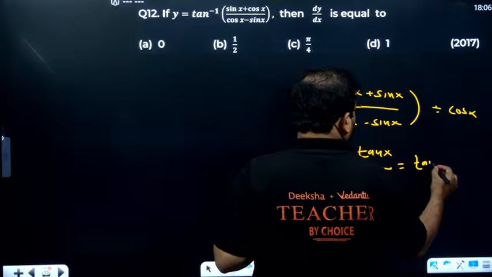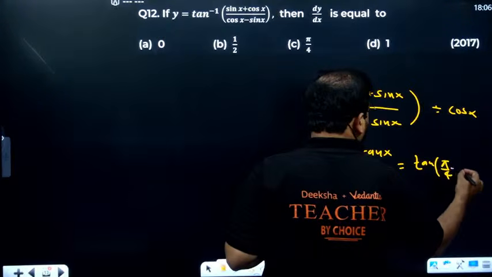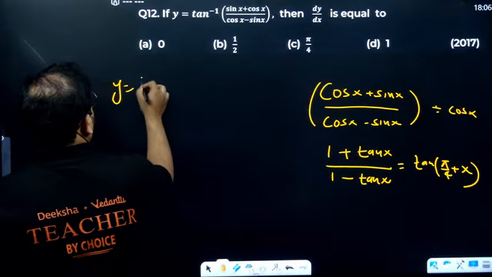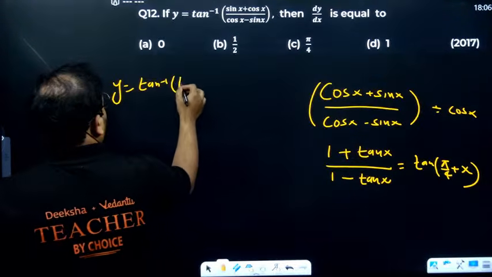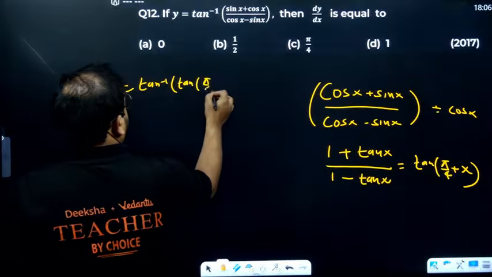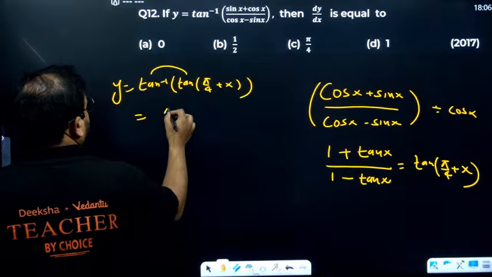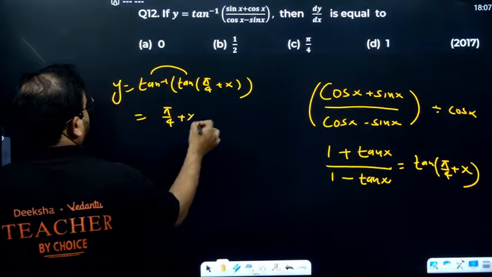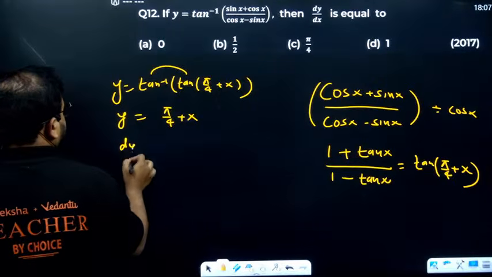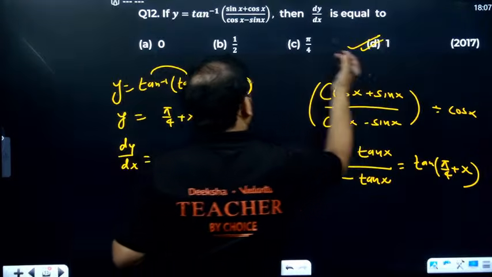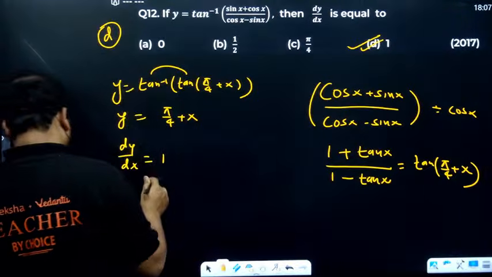This becomes tan of pi by 4 plus x. So y equals tan inverse of tan of pi by 4 plus x. Differentiate, guys. The answer is 1.